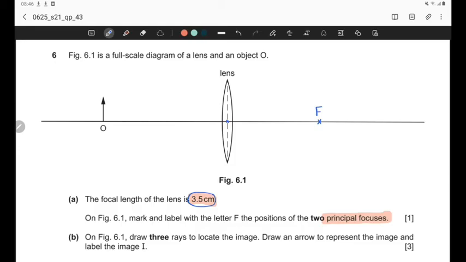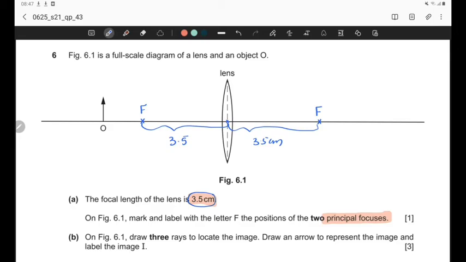Likewise, we need to find the principal focus on the other side. So again you have to take the ruler and measure 3.5 centimeter away from the center and mark the other principal focus. So this length should be 3.5 centimeter on both sides.